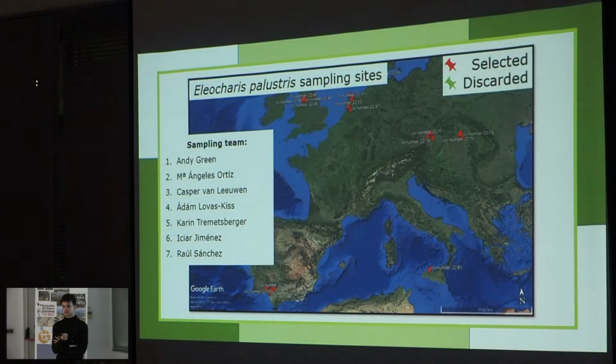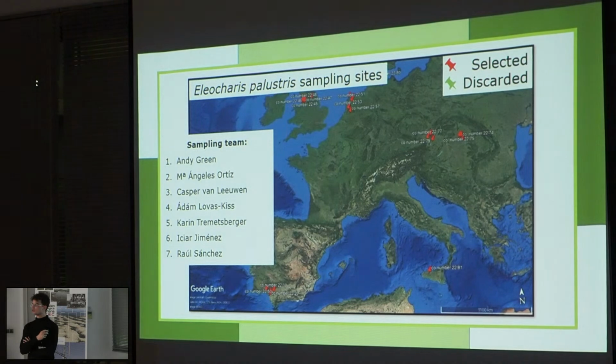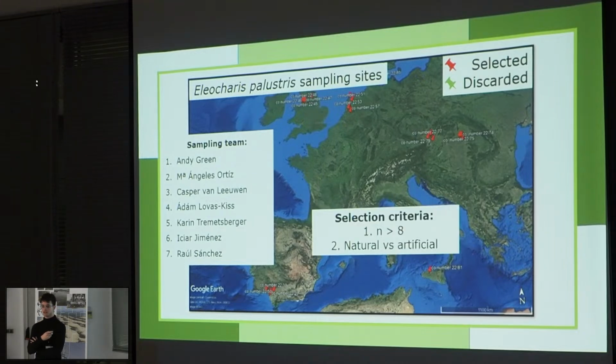This map represents the sample size for the other species, Eleocharis palustris, and for this species we didn't have a selection problem because we could include nearly all the populations, but we again needed enough material, and for this we selected natural and artificial habitats in each country.